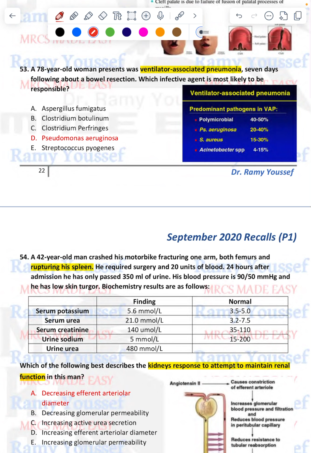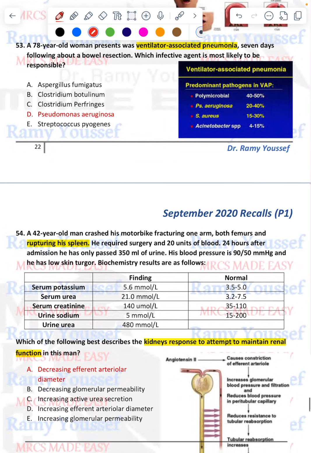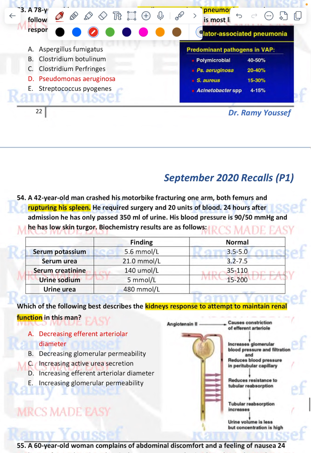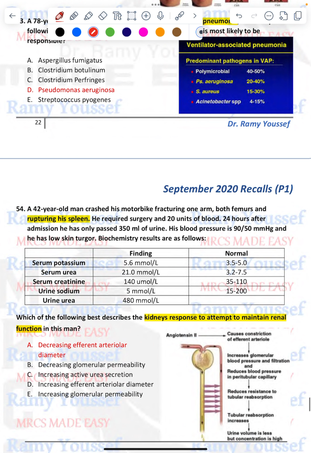Afferent is not acting; renin is acting on the efferent. Decrease glomerular permeability, increase glomerular perfusion? They don't decrease or increase permeability. It is constant. The only thing is efferent arteriolar vasoconstriction.